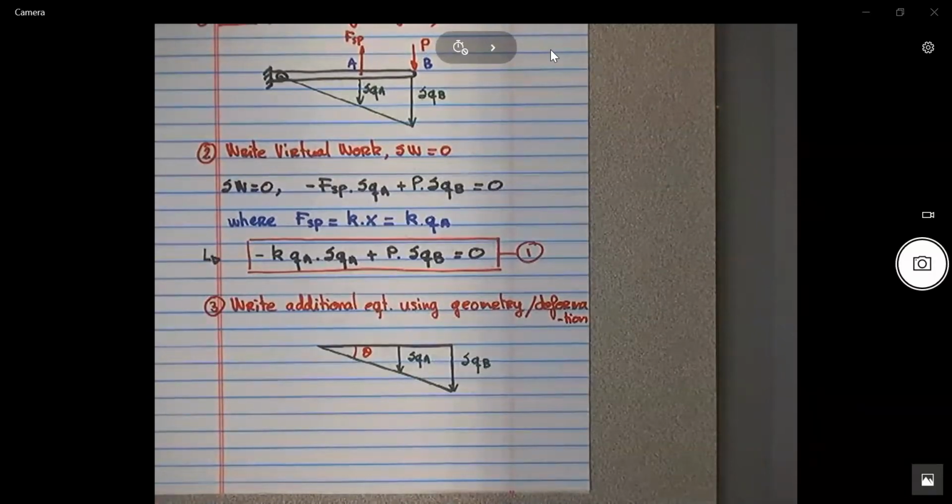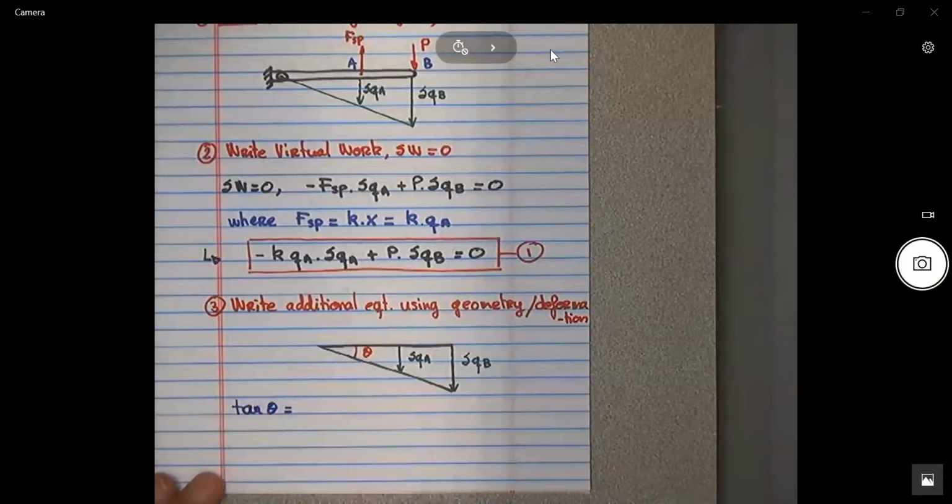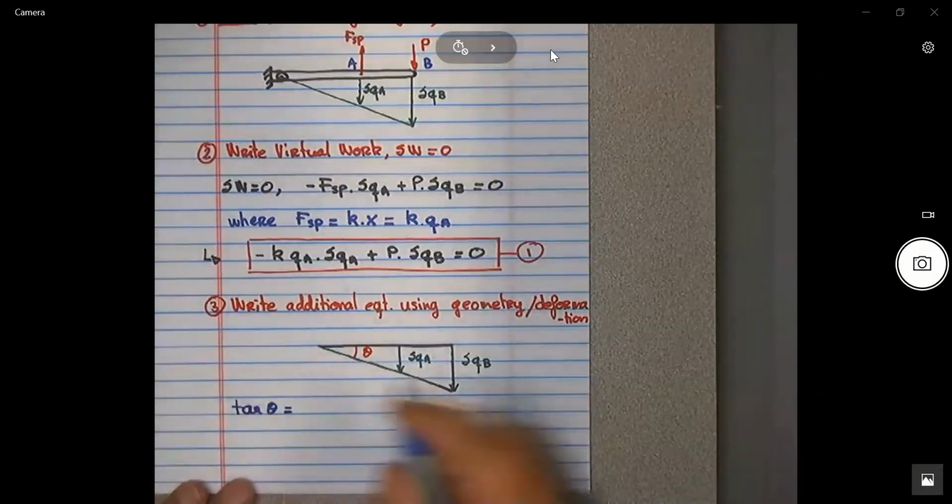So using very simple trigonometry, what can you say about the tangent of the angle? Oh, correct, I forgot to put those distances.